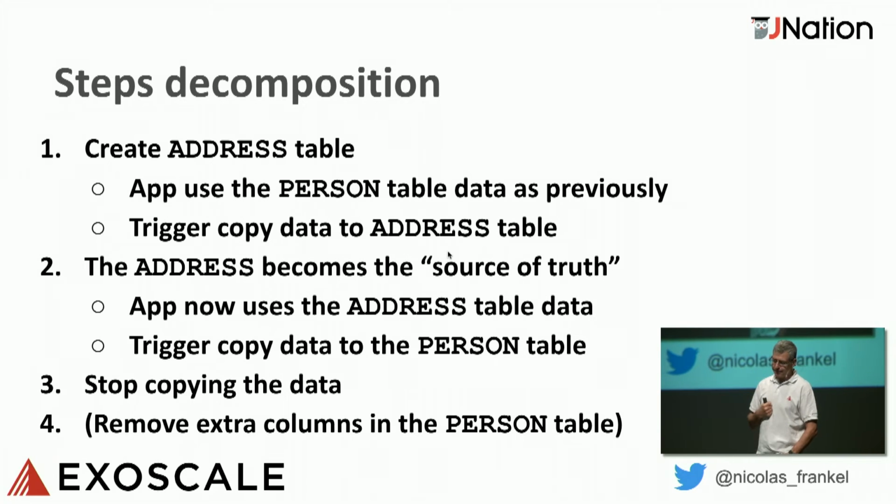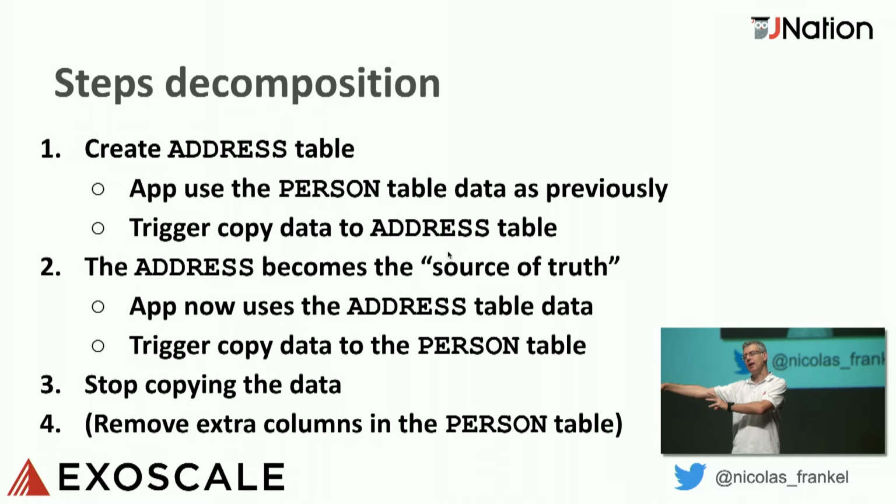How can we do that? Well, we will decompose this huge change into 3 different steps, again, that must be compatible side by side. The first step is we will create this new address table, and every time we do a data change, like insert, delete or update into the person table, we mirror this into the address table.